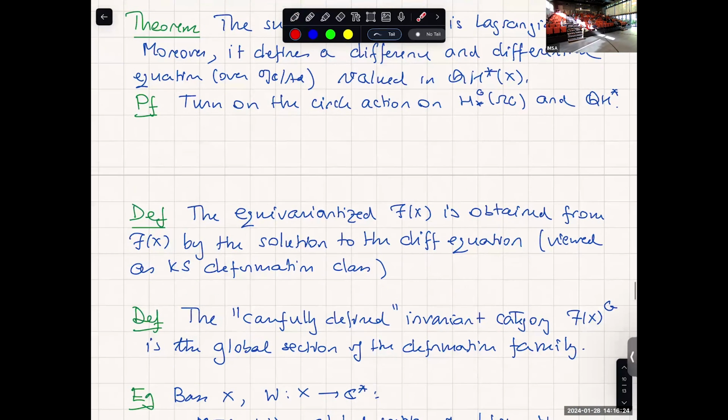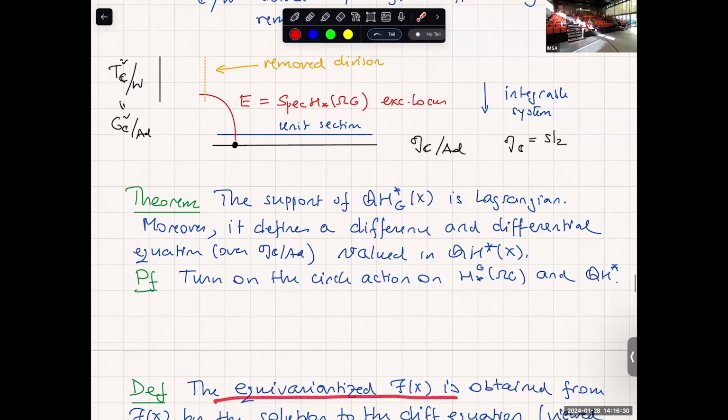And the solution to this differential equation gives you the equivariantized Fukaya category over X. Meaning if you knew the Fukaya category originally, and you know the quantum cohomology here, you can track how it deforms. To leading order, you can say just a constant family, but then you have to add a Maurer-Cartan class obtained by tracking this. So this gives you the Kodaira-Spencer deformation classes as you move along the base.